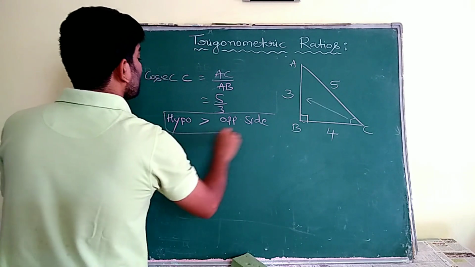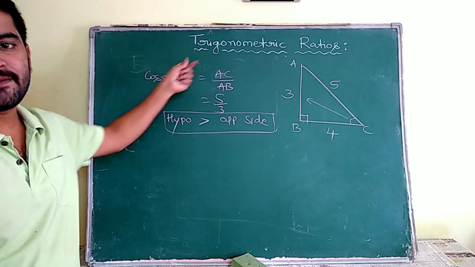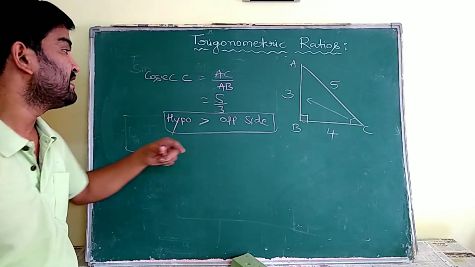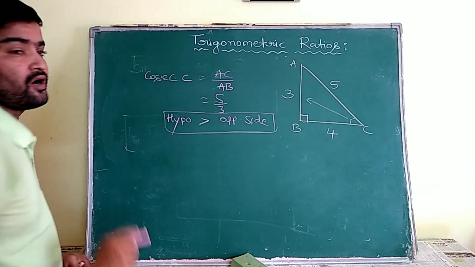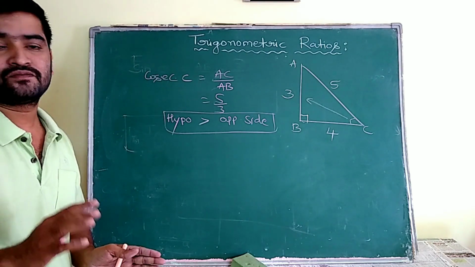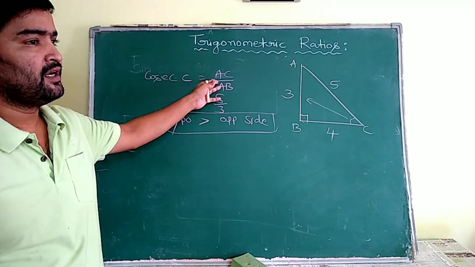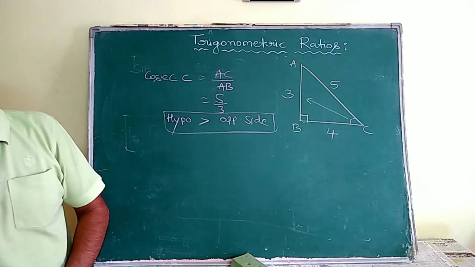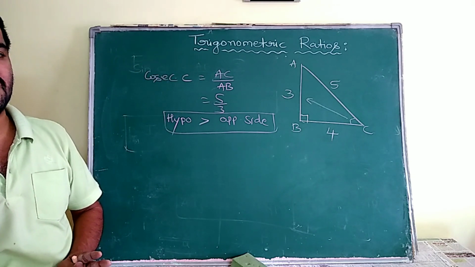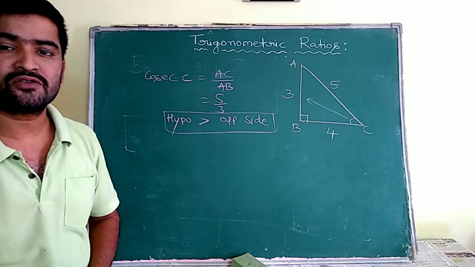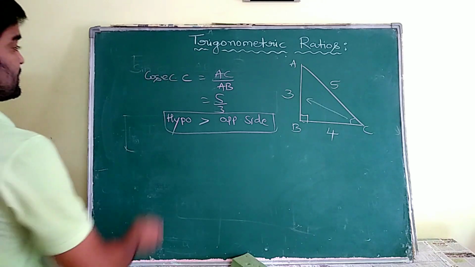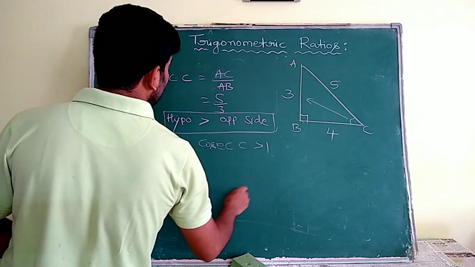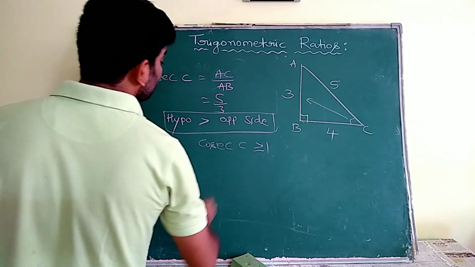Cosecant means hypotenuse by opposite side, and the hypotenuse is always more than the opposite side. That's why the cosecant value may exceed 1. Sometimes it is equal to 1 also. We have to remember this: cosecant C is always greater than or equal to 1.